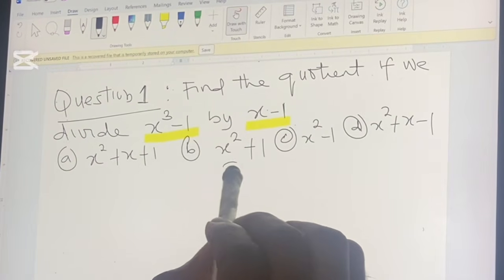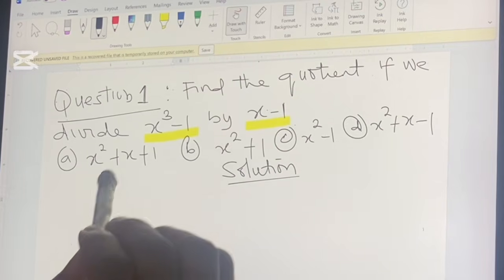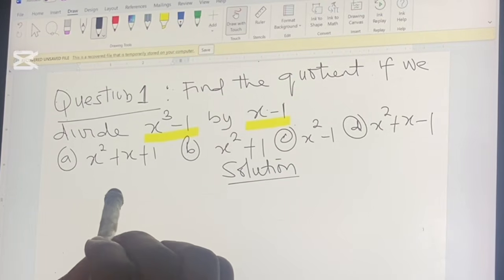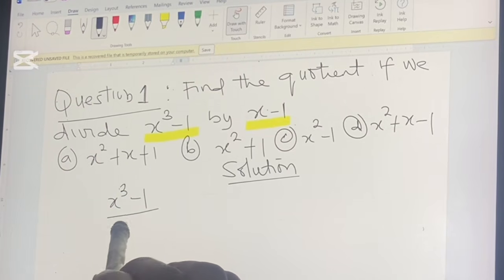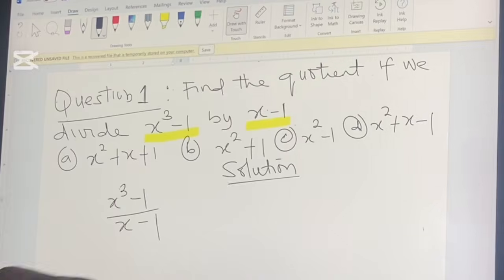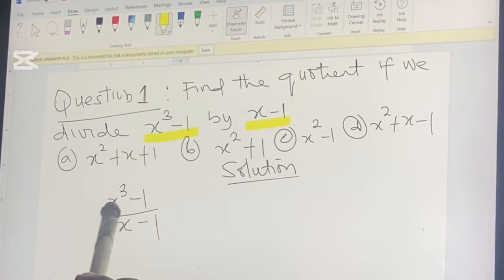Solution first. We can represent this statement as s raised to the power of 3 minus 1, please take note, over s minus 1.